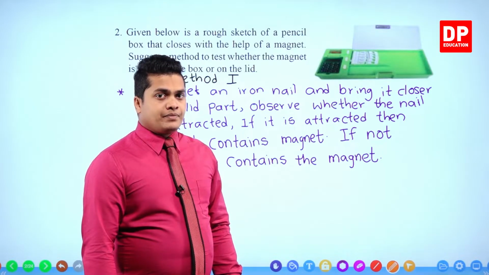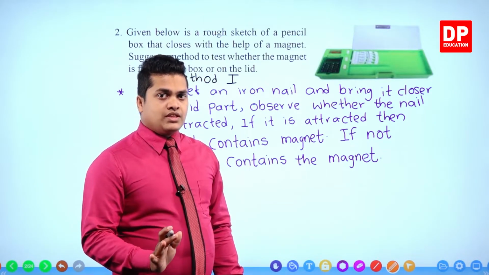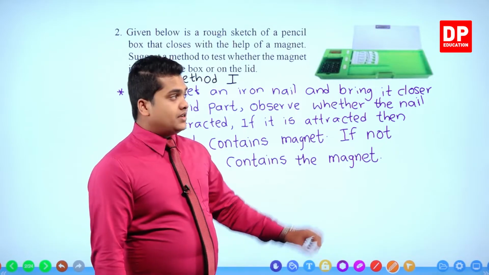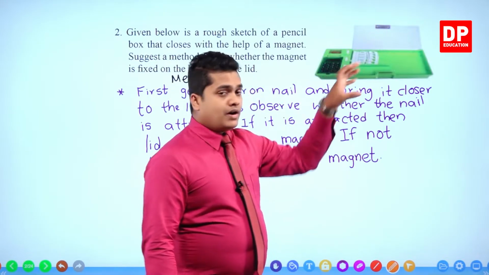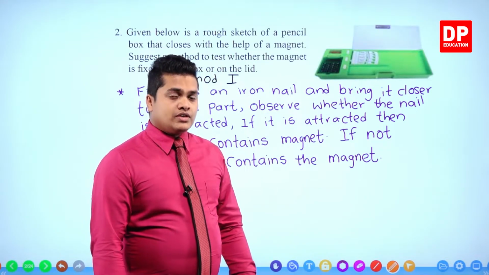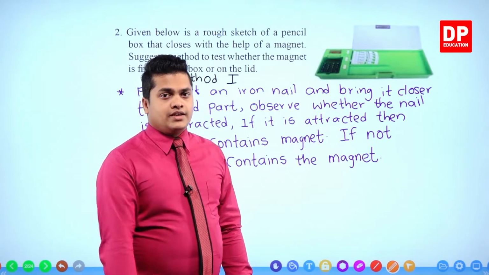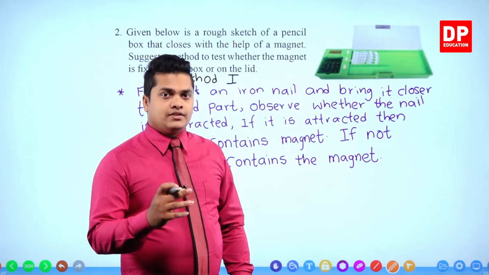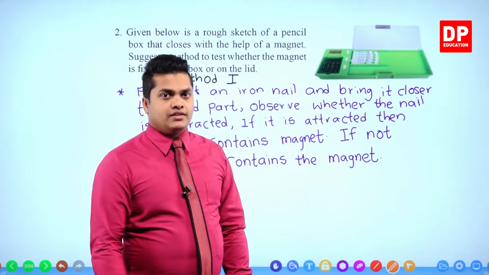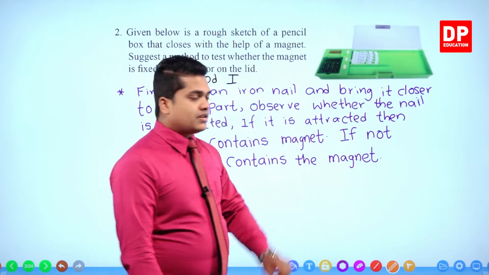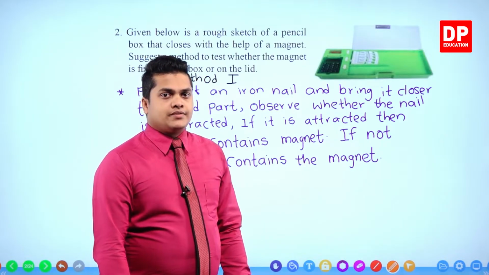If at both instances the lid part is getting attracted towards the magnet, then it contains only a magnetic material. Otherwise, this part contains the magnet.